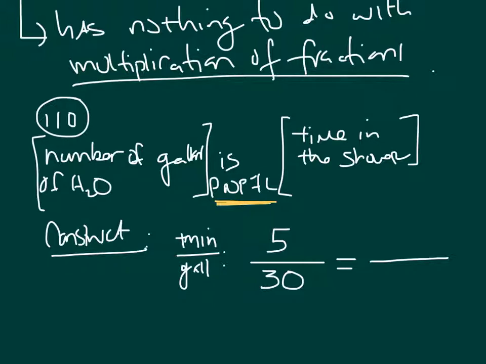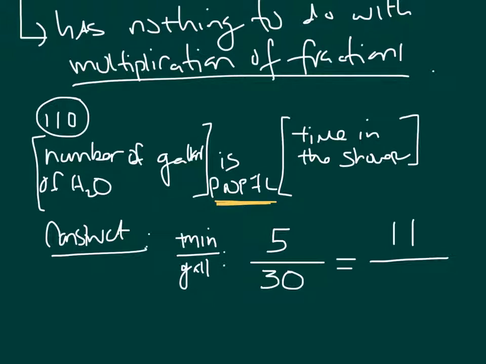We have a ratio, so we're just missing this part. The question is how much water is used in a shower lasting 11 minutes. Well, we're going to be in there for 11 minutes. Minutes is on the top, so I'm going to put minutes there.